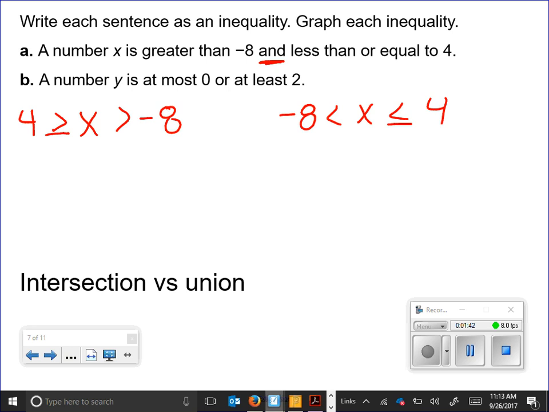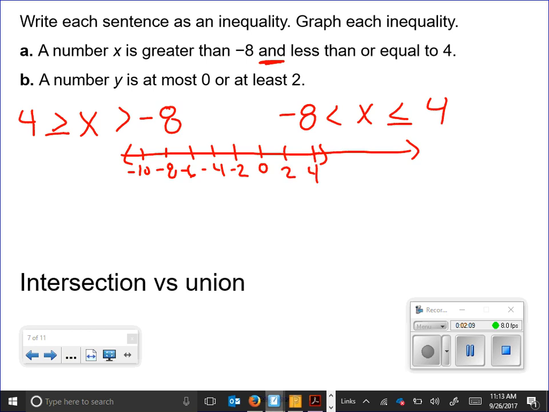But then it asks us to graph it. If we look at the graph here, I have to go from -8 to 4. So if I start at -10 and go up by 2s, sorry for the bell there.